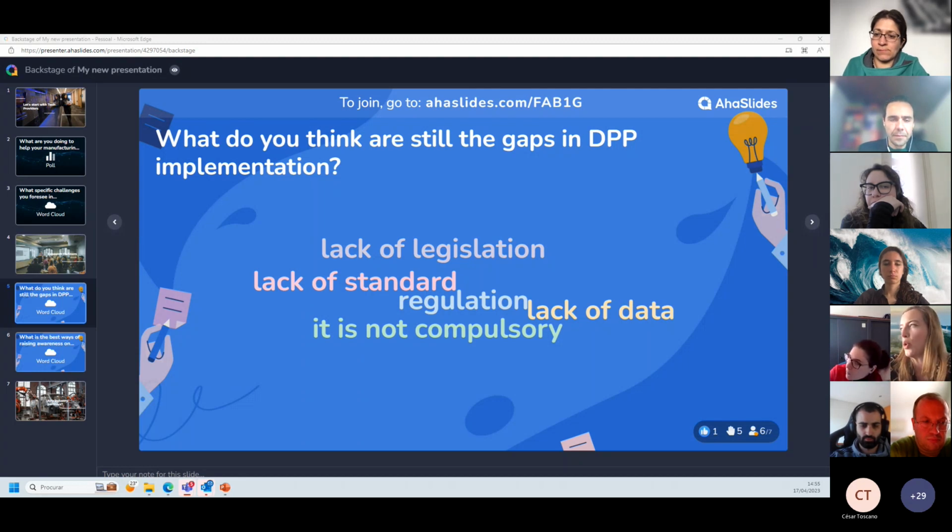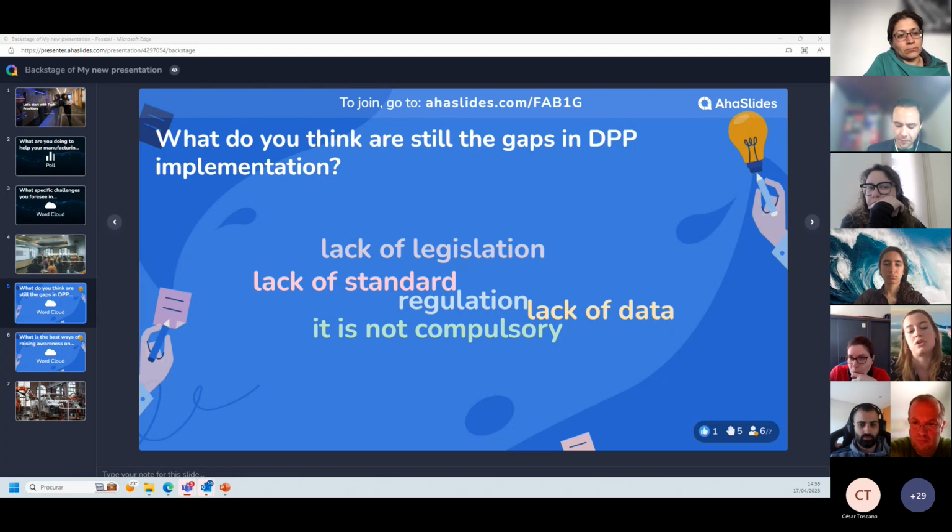So I think the point here is more about how we ensure that access to certain data and information points is made in a way that ensures privacy, and that the right information is only shared with the right actors within the supply chain that actually need access to that information.